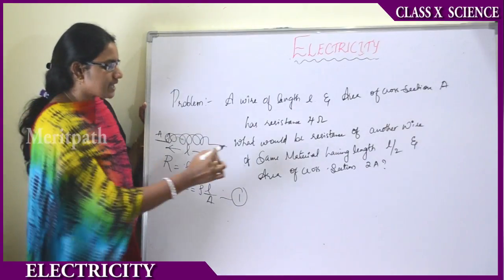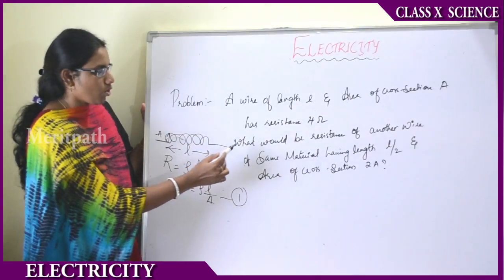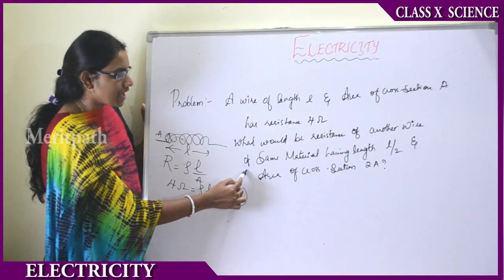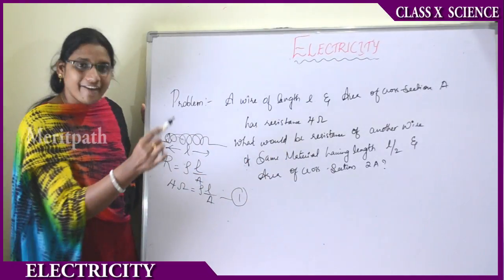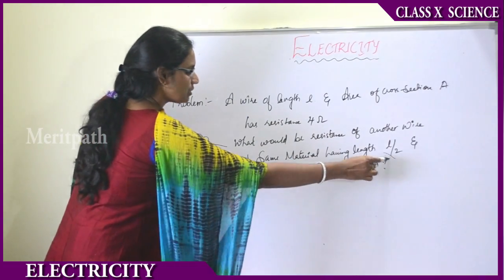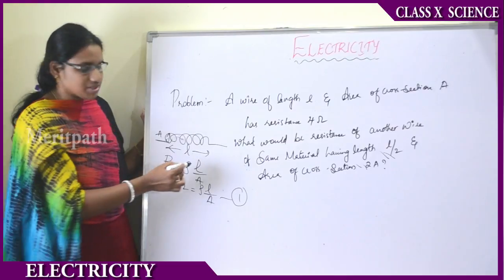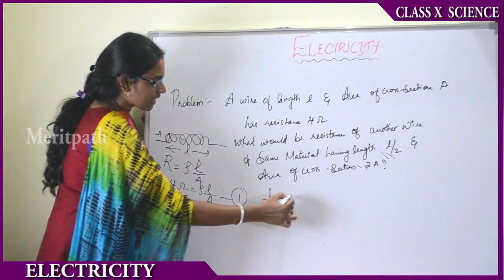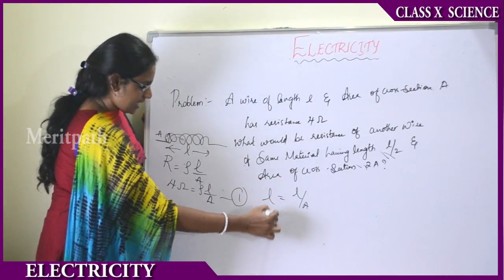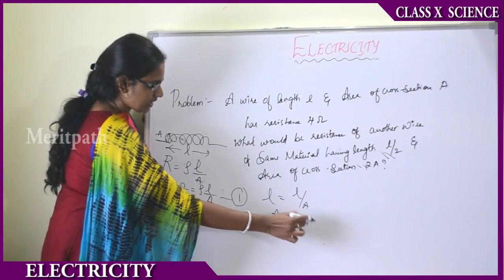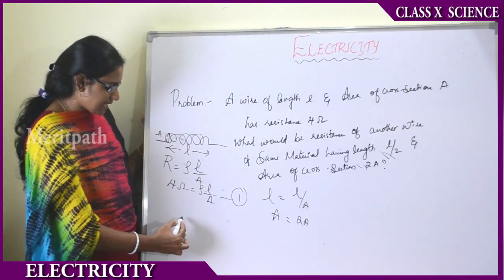Now the second point is, what would be the resistance of another wire of the same material having the length L by 2 and the area of cross section 2A. Then we will be substituting length equals L by 2 and area equals 2A.